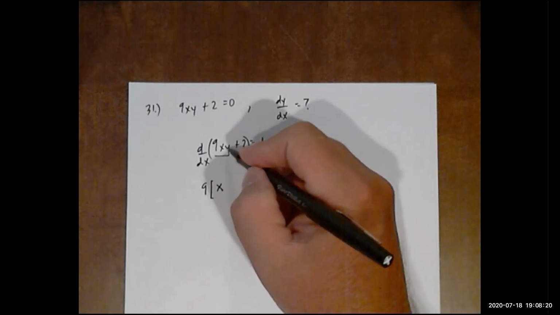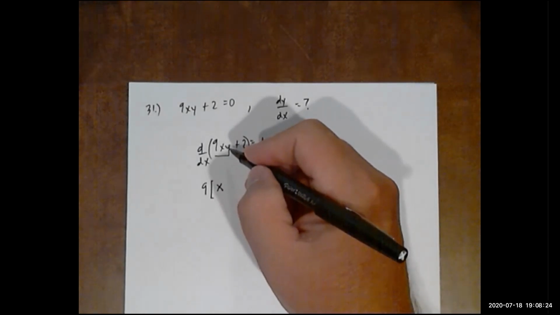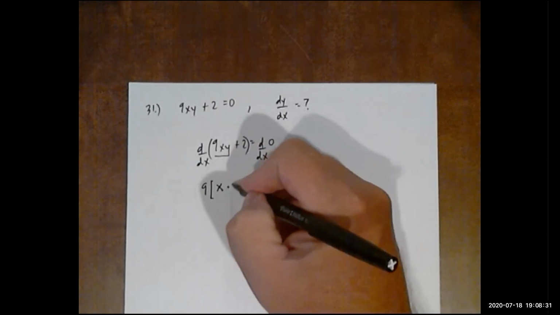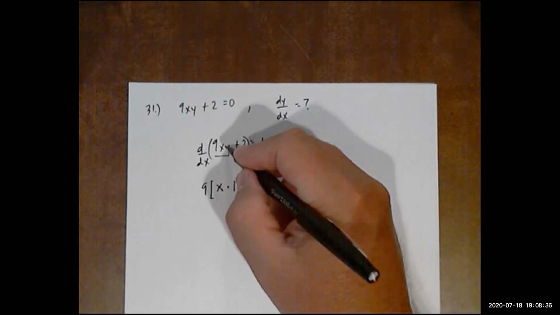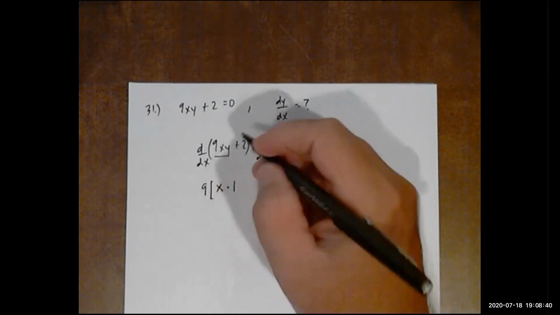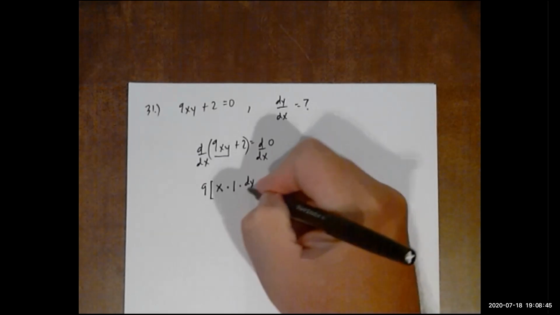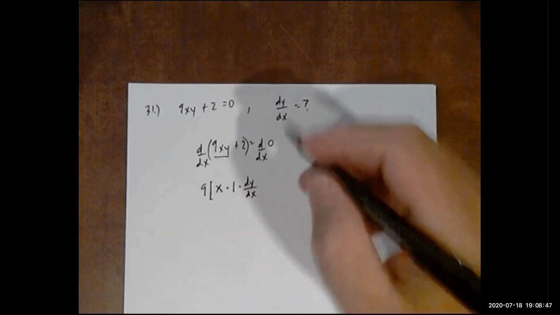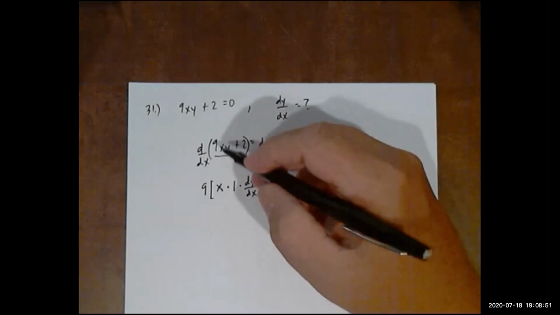So the first thing I do is I just think of y as a variable and apply my normal derivative rules. What happens when you take the derivative of a variable with no exponent? It's just 1. But because this variable is not x, because it's y, you take the derivative, and then you have to tack on the dy dx. So this is the first half of the product rule.